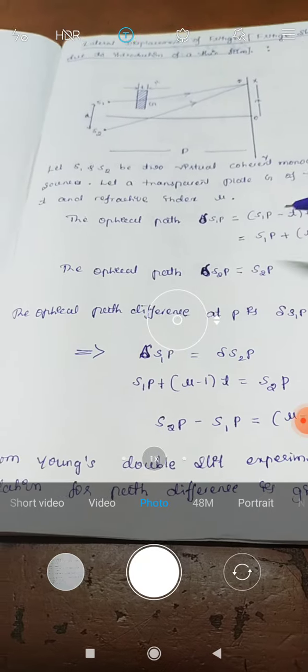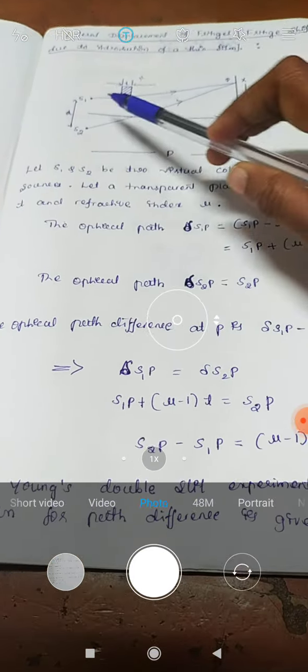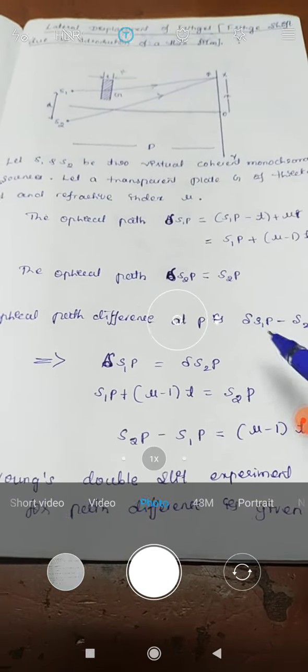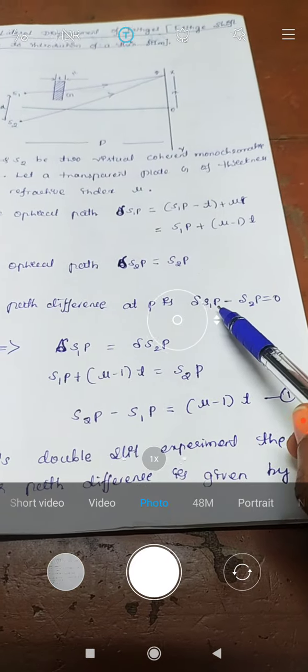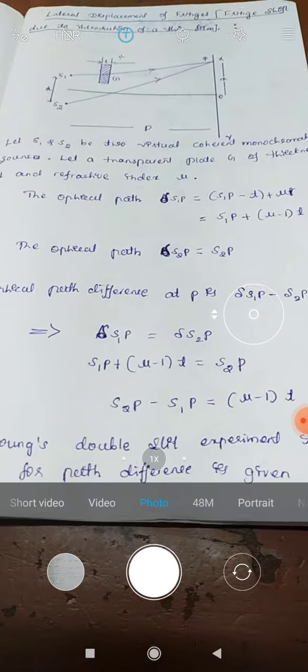So the path difference of the light traveling from S1 to P and S2 to P, that is delta S1P minus delta S2P, is equal to 0.